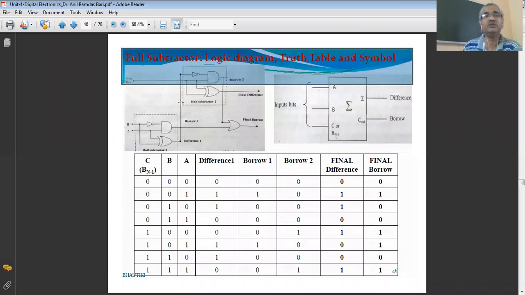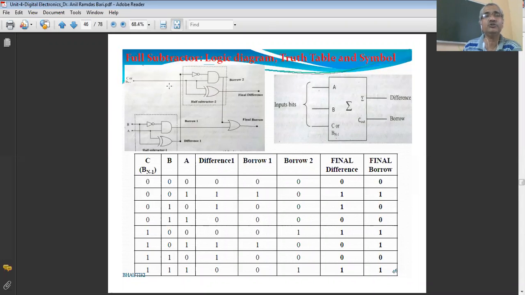So the output of this second half subtractor will be, with C equal to 0, this diagram is not correct here, but it will produce C equal to 0.